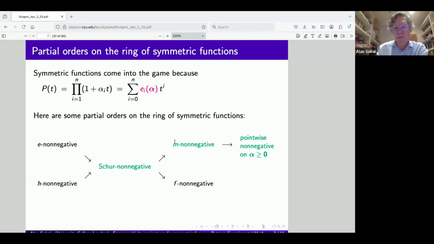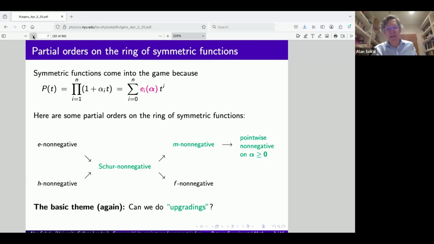But then there are stronger ones, like non-negative with respect to the monomial basis. That just means coefficient-wise non-negative. But then there are stronger ones, like Schur non-negative or e or h non-negative. And so I'll be interested in these three: pointwise non-negativity, M non-negativity, and Schur non-negativity.